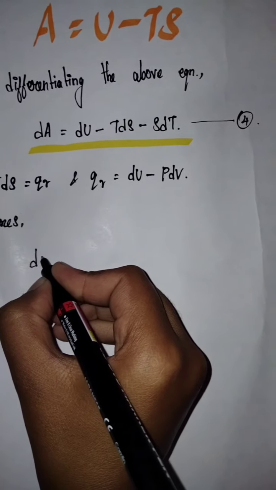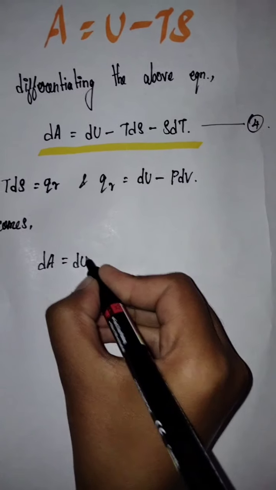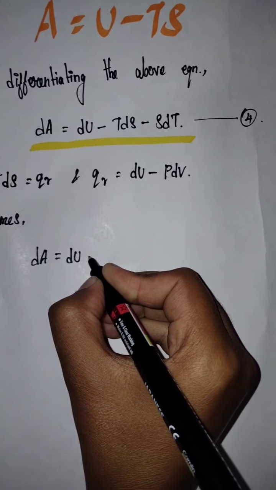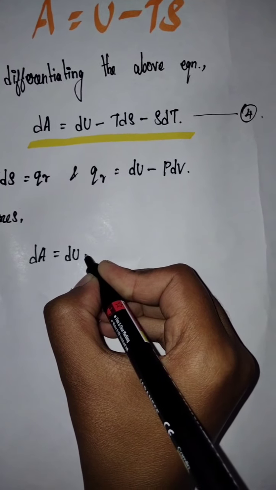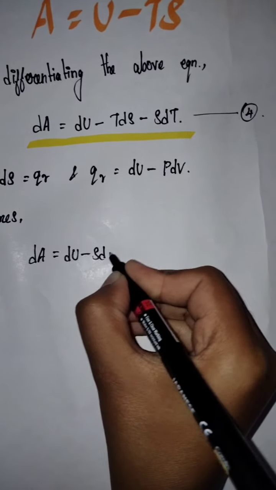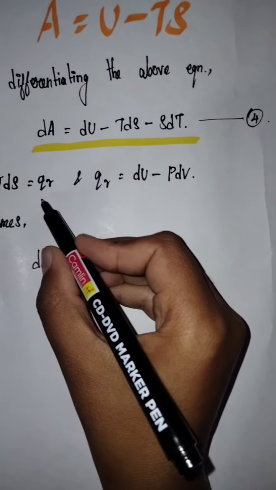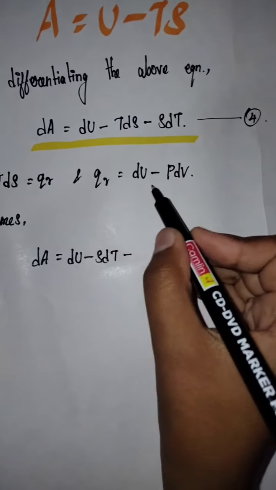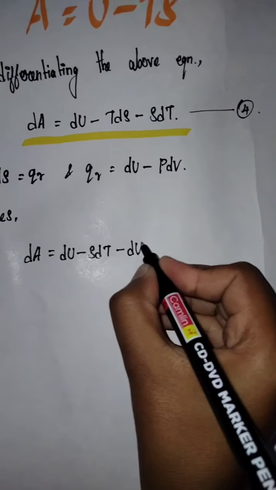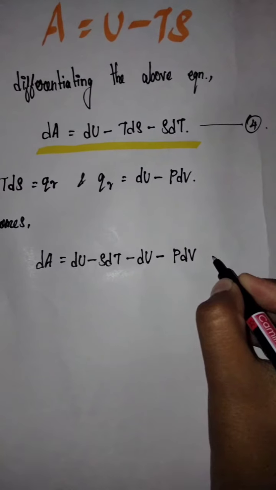dA is equal to dU minus S dT minus, for TdS, that is Qr. And Qr is equal to dU minus PdV.